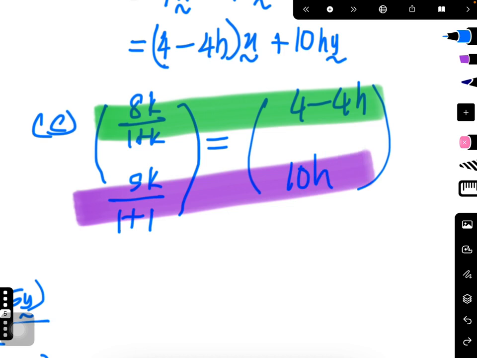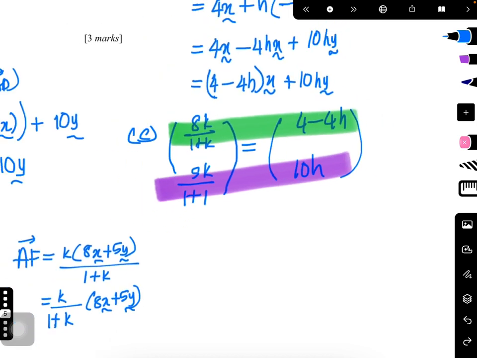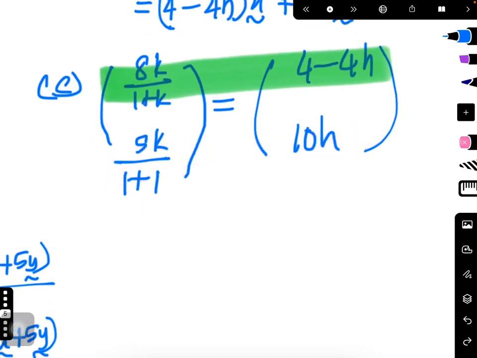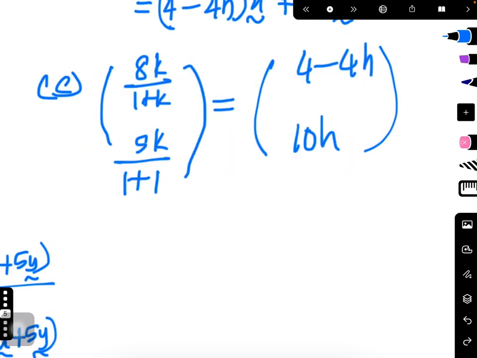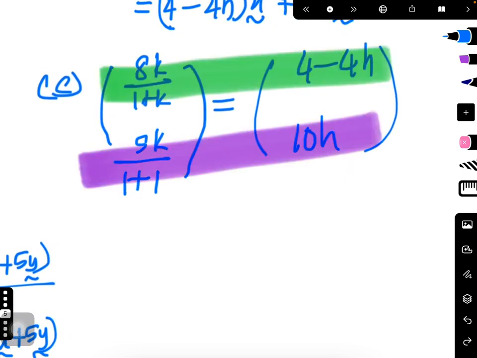Okay. So k is equal to 4 minus 4h over 1 plus k.